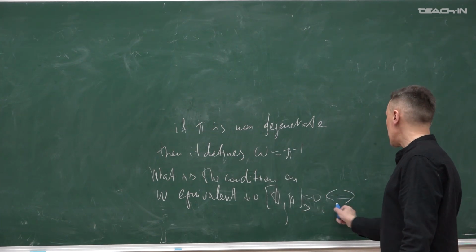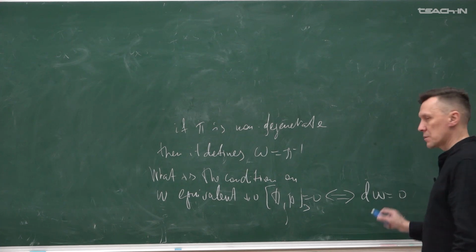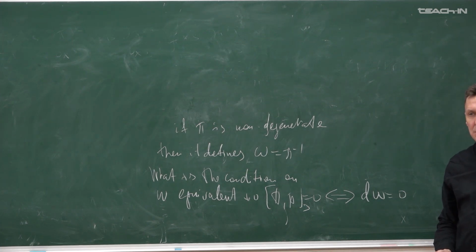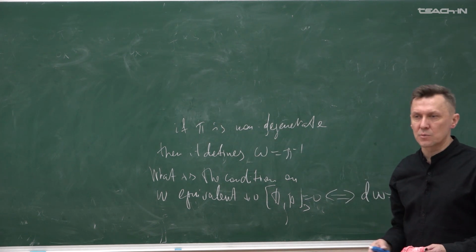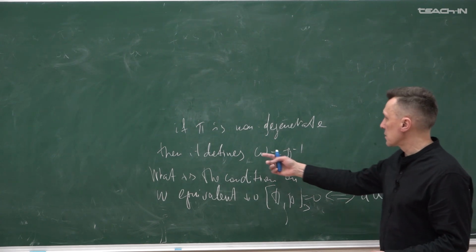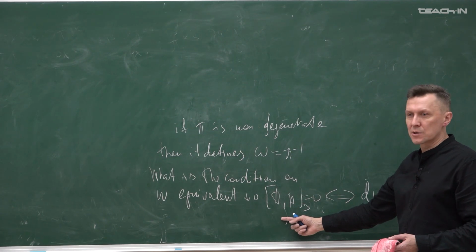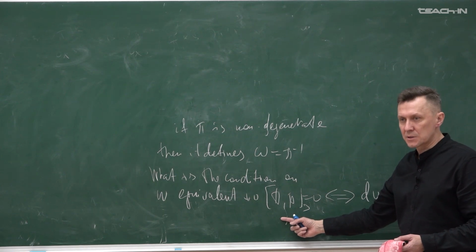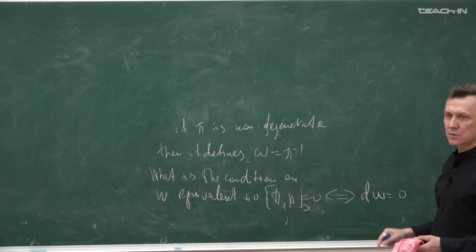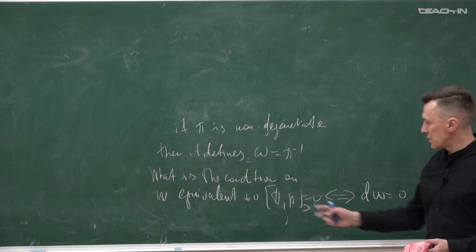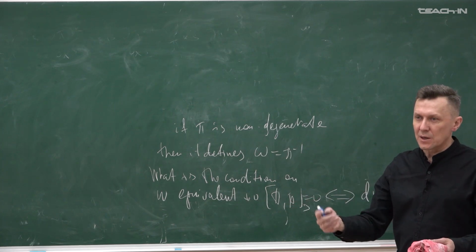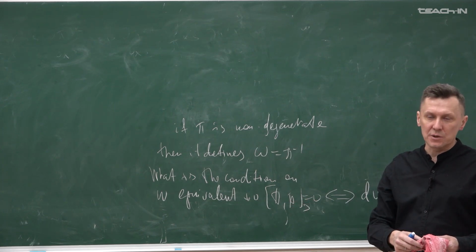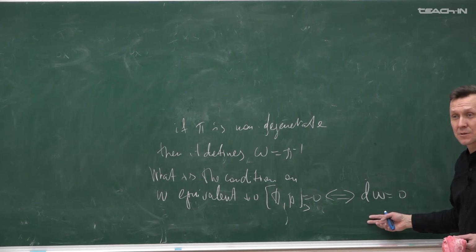It is equivalent to this condition. Symplectic forms are closed by definition. But if we don't know that it is a symplectic form, we have just taken a bivector which satisfies this condition, my statement is that its inverse will be closed. This is a linear condition.